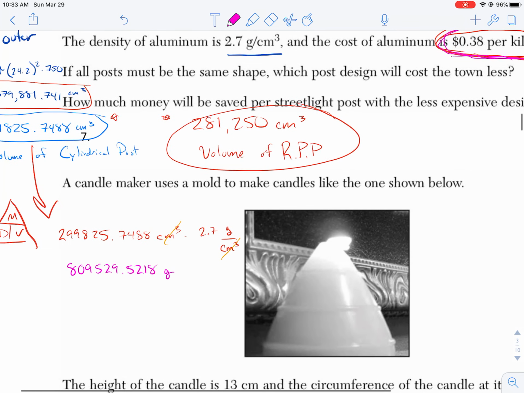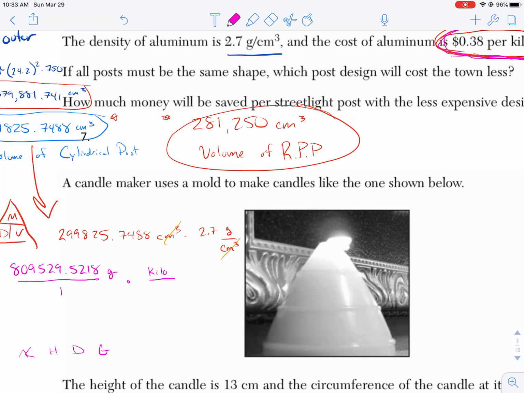Okay, which means we're going to have to convert this from grams to kilograms in order to find out what that price is. Okay, so let's think about this here. This problem's a beast, I know. Okay, so in order to find out what this is going to be cost per gram, first we need to figure out, well, 1 kilogram is how many grams.